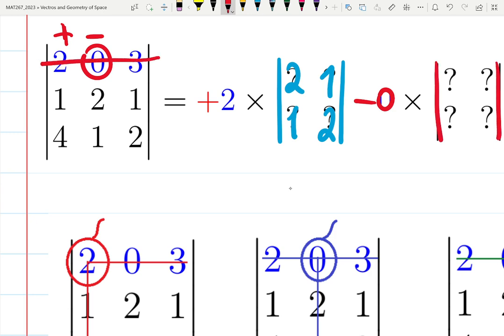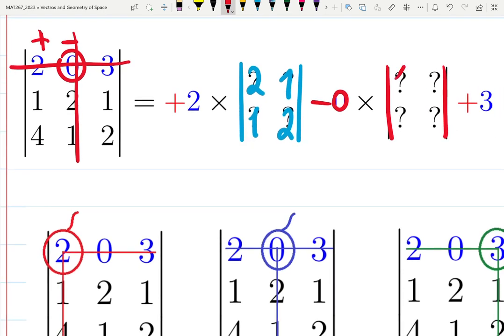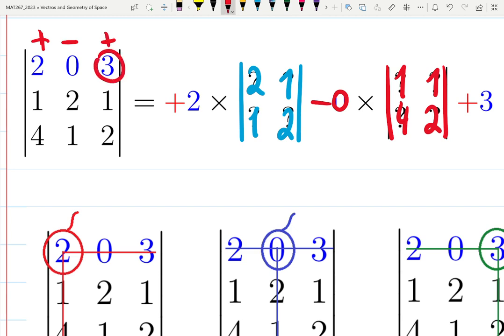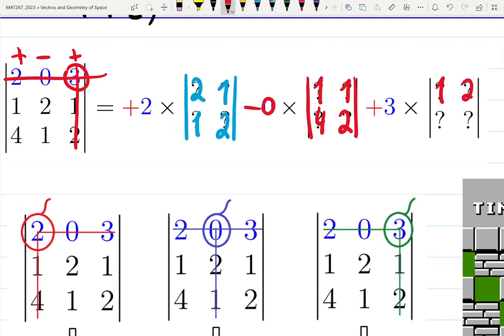Drop the bomb, whatever is left. 1, 1, 4, 2. And the last one is plus. Here it is, drop the bomb. 3 is multiplied by 1, 2, 4, 1. How about that?